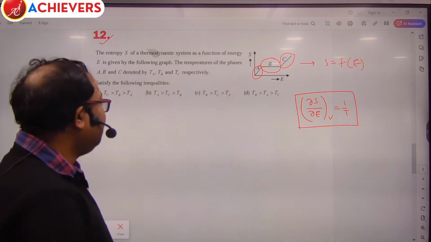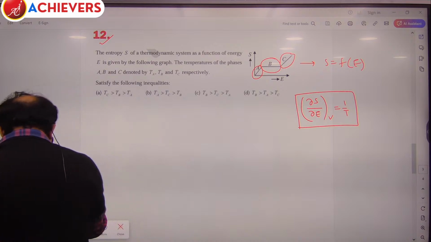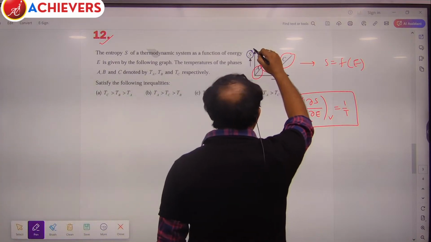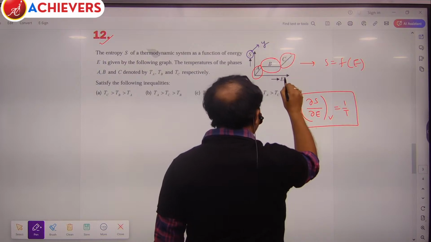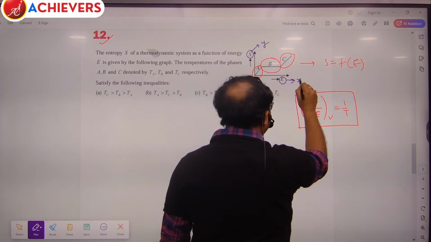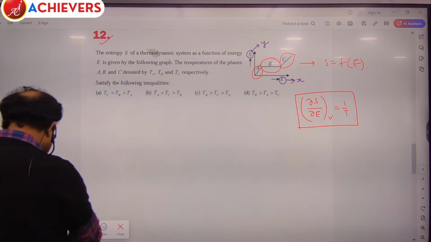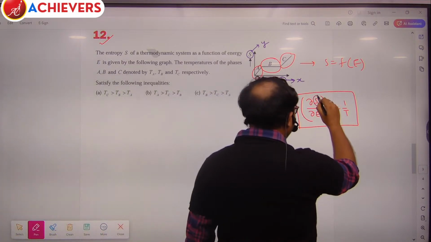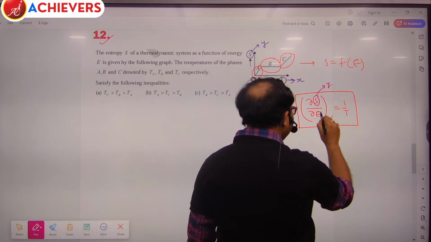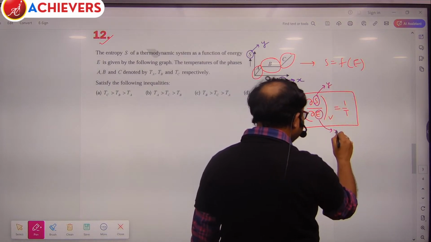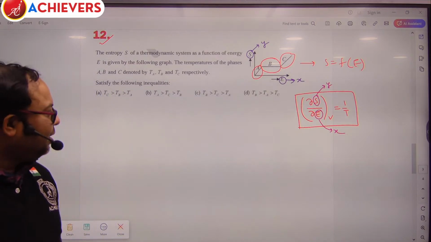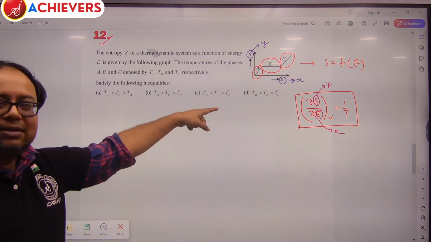Now, see, here you have plotted S along the y-axis and E along the x-axis. So this S is y and this E is x. So basically, this is del y del x.